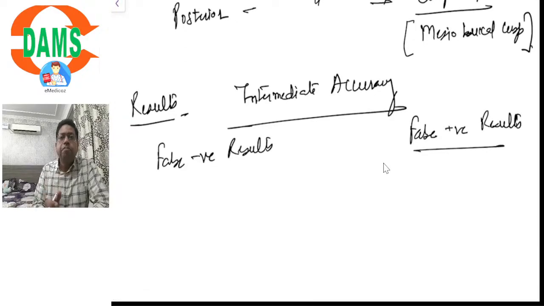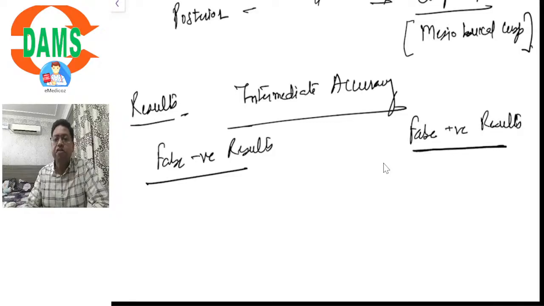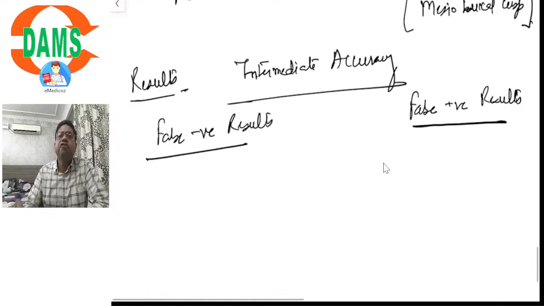It means the pulp has viable nerve fibers, but the electric pulp tester is producing no response. The patient is not giving any response, even though the pulp has viable nerve fibers. False negative. And the reverse, false positive, means the pulp is actually necrotic or degenerated, but still the patient is reporting pain due to electric pulp tester application.